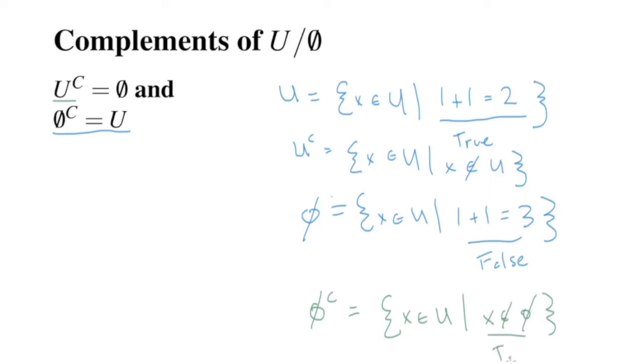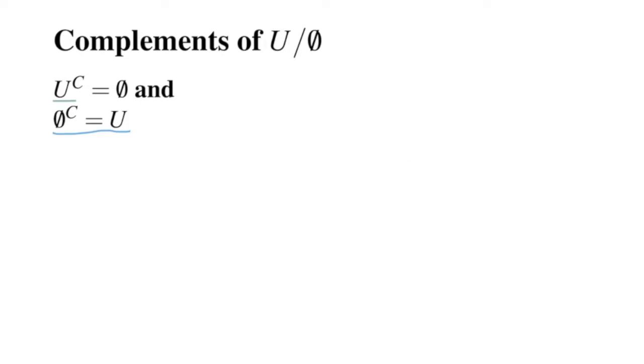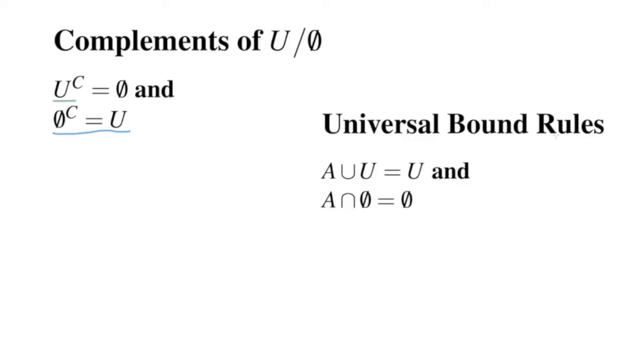So this is always true. So the complement of the empty set is the universe, and the complement of the universe is the empty set. Okay, let's look at the next one. The universal bound rules. This is just saying that A union universe is the universe, and A intersect empty set is the empty set.